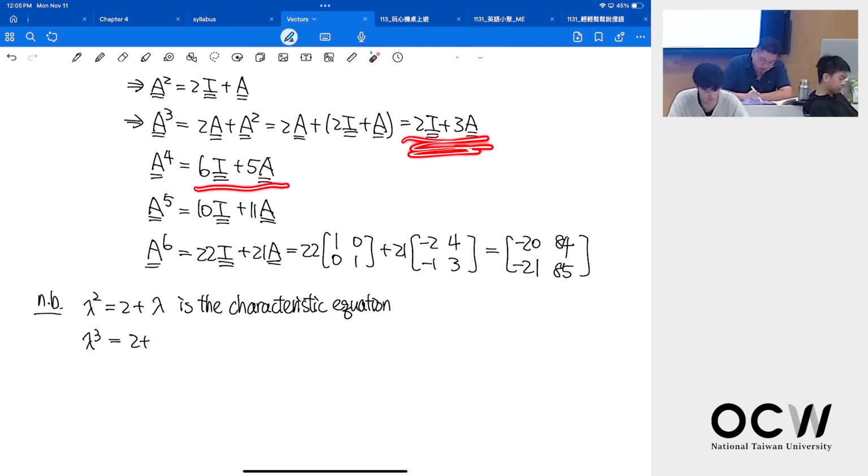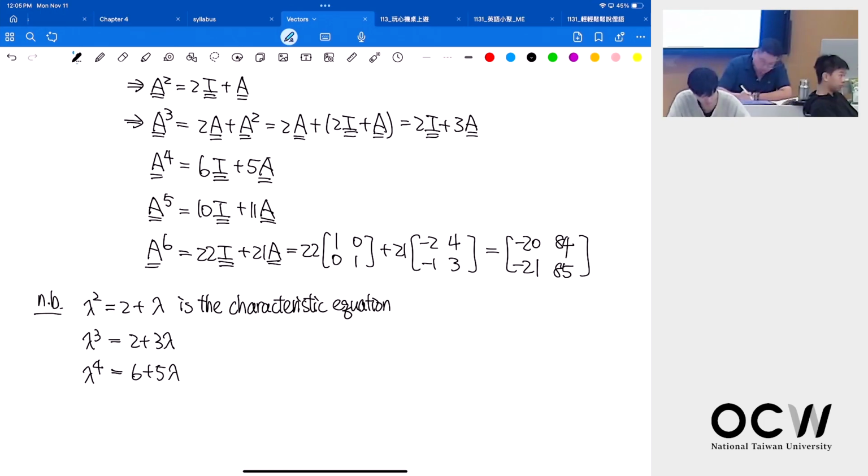Lambda to the 4th will be 6 plus 5 lambda, and so on.